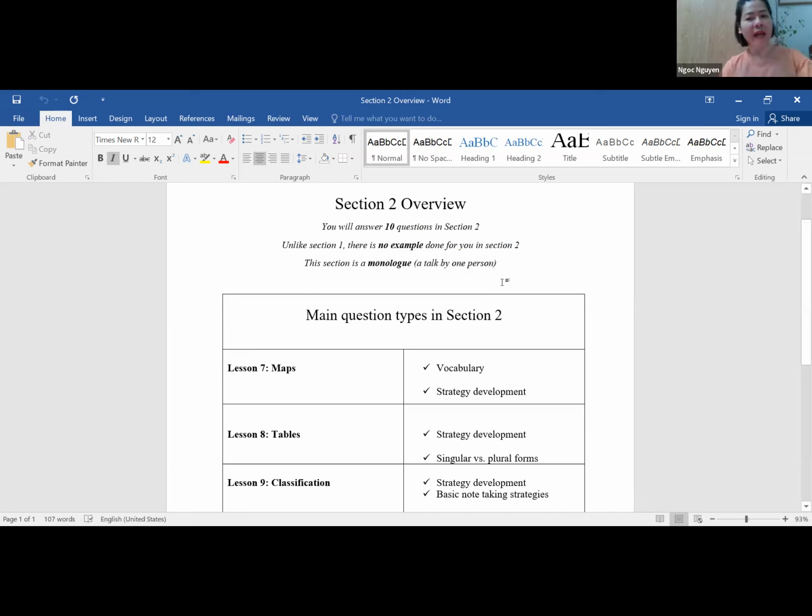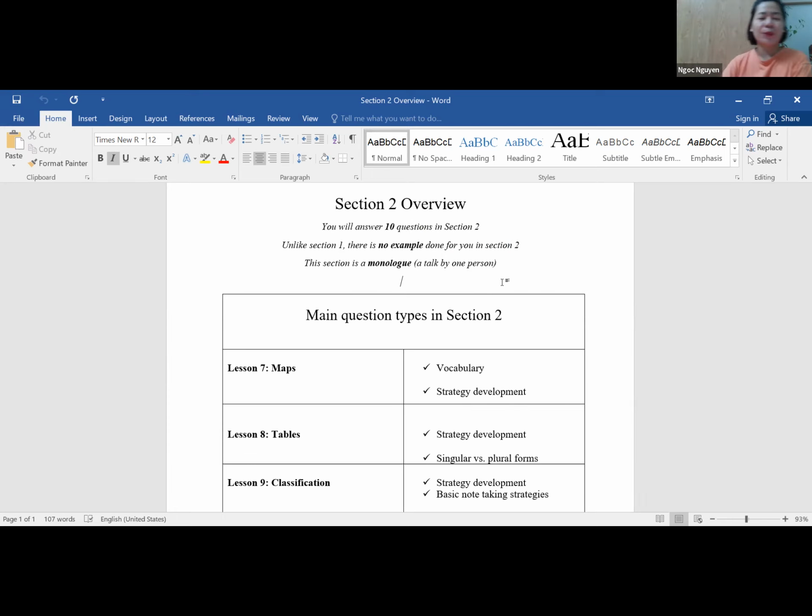So there won't be any kind of exchanging information or interaction in IELTS section 2. You will listen to a talk maybe by someone on the radio. You will listen to a tour guide taking people around, or maybe someone who's making a speech on a graduation day, for example.